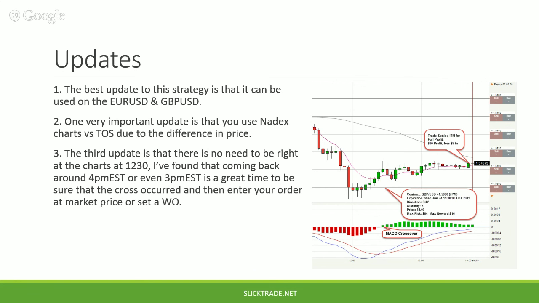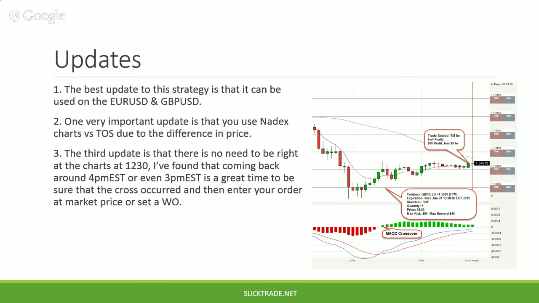The third update is that there's no need to be right at the charts at 12:30. A lot of you have written me consistently saying the cross hasn't happened, or it happened before 12, and don't ever take it before 12. I've found a few times that it loses when it is before 12.